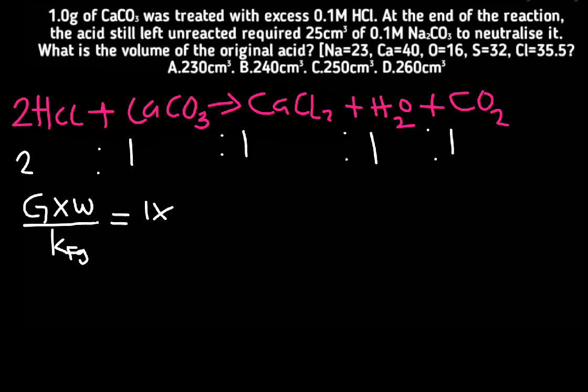We are solving for the mole of HCl, so we make use of the ratio 2 over 1 from our equation, over what we know from what is given, which is the molar mass of calcium trioxocarbonate(IV). The molar mass of CaCO3 is 100. If you punch your calculator, 2 divided by 100, you get 0.02 mole of HCl.